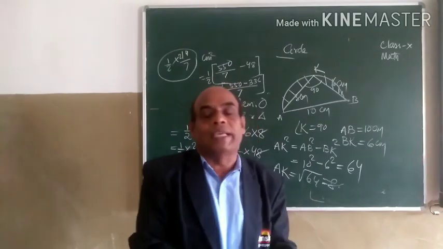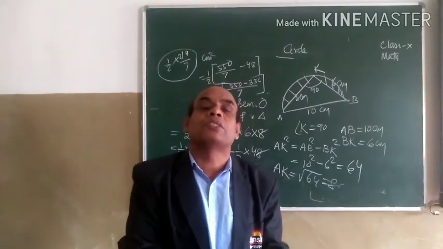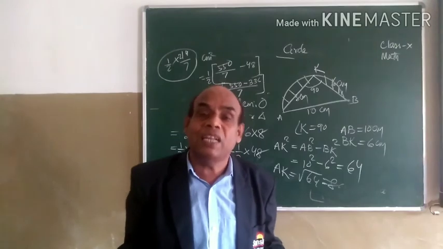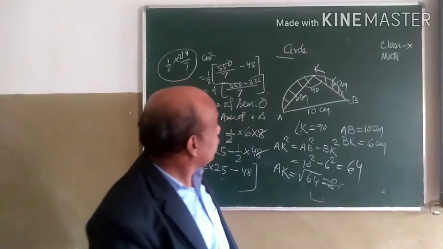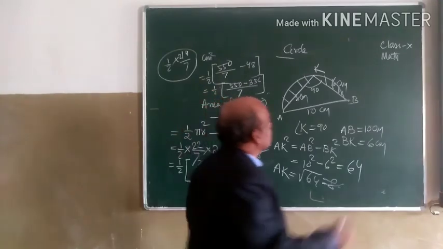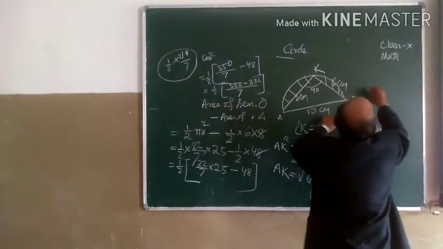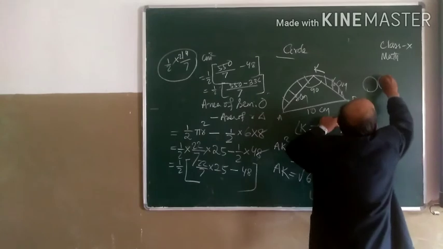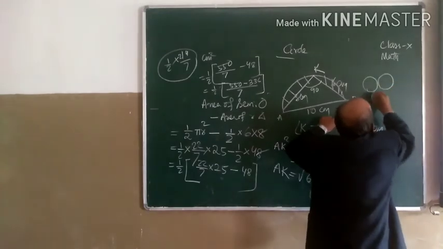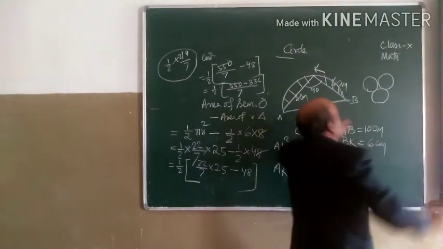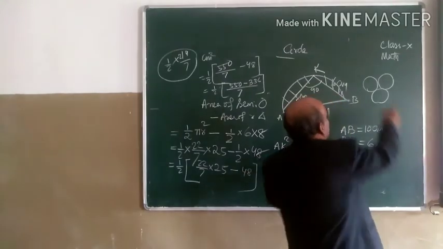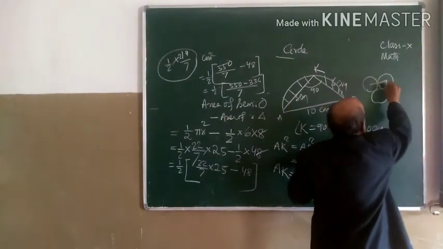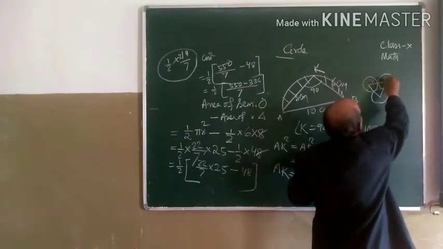So in this way, we can do whatever numericals there are in the chapter of circles. A home task for you: suppose 3 equal circles are touching each other, and each has a radius of 7 centimeter.